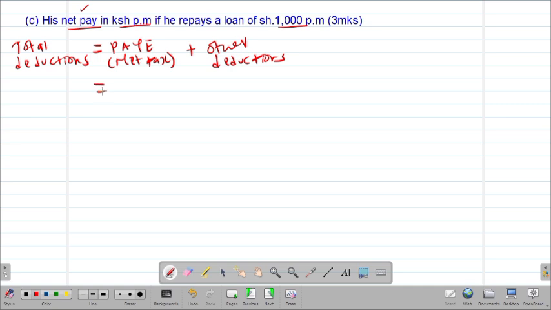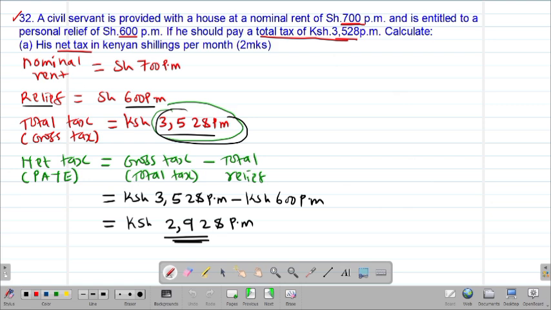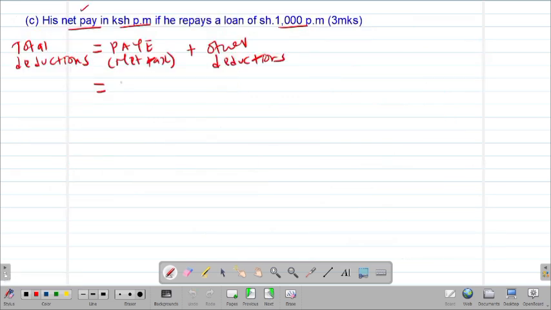So this will be equal to, we check our PAYE in Kenyan shillings per month. So our PAYE, we got it in part A of the question. Our PAYE was 2928. So this is Kenya shillings 2928 per month. Then plus we are given a loan, which is a deduction of Kenya shillings 1,000 per month.